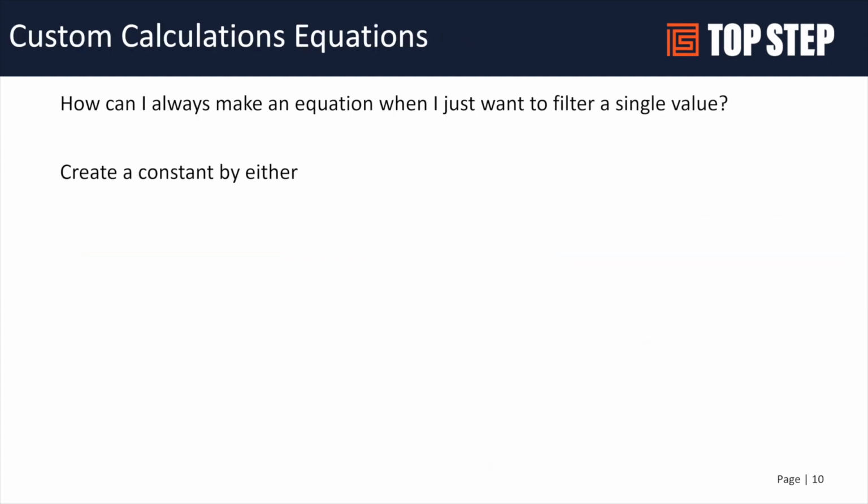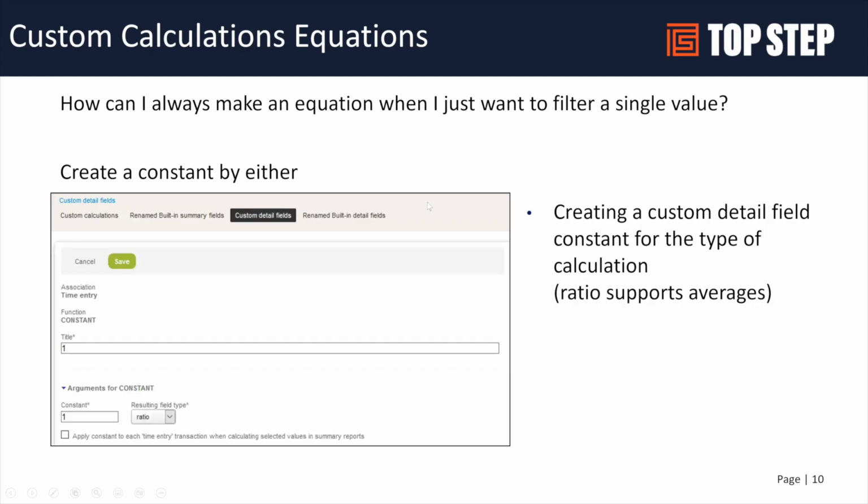So how can I make an equation where I want to filter a single value? This is where I mentioned earlier that you can use constants to help you create a value filtered by a tag in the system. Under custom detail fields, you have the ability to create a constant, and the system comes with a couple of constants out of the box.